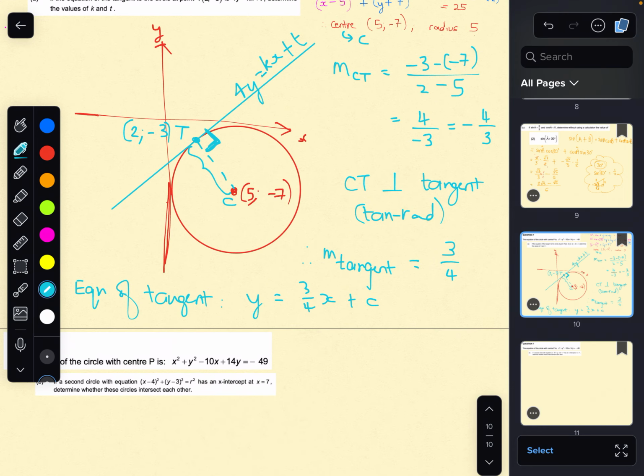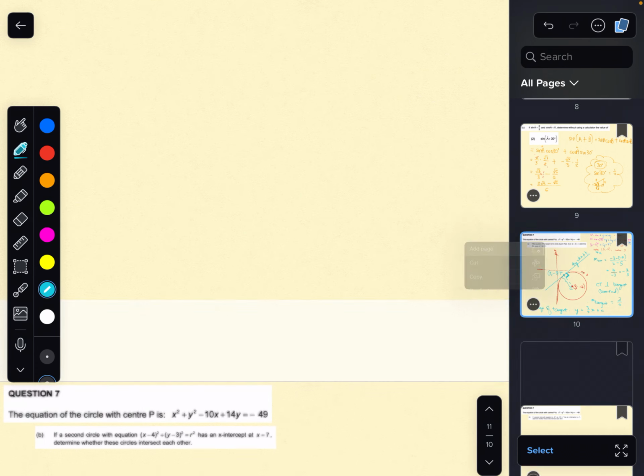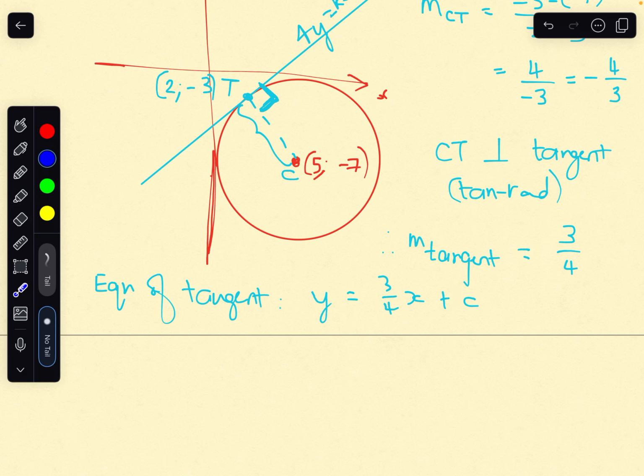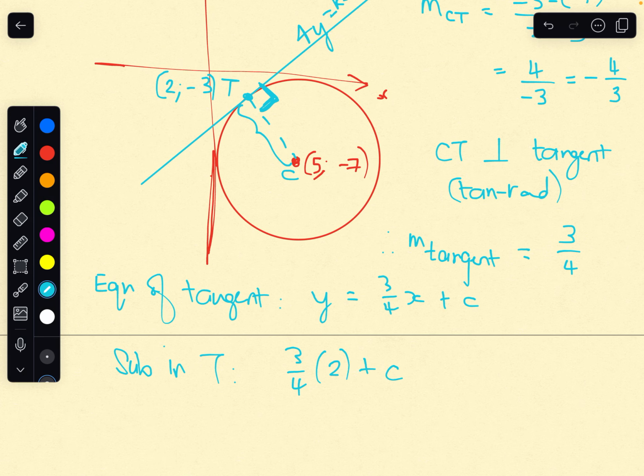Let's make some space for our workings. To figure out c, we know there's a point T on this line, so we sub it in. When x = 2, y = -3. Then we solve this equation. We've got 6/4, which is 3/2, plus something equal to -3.